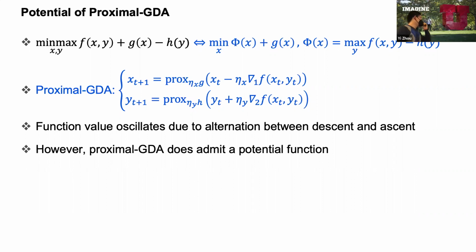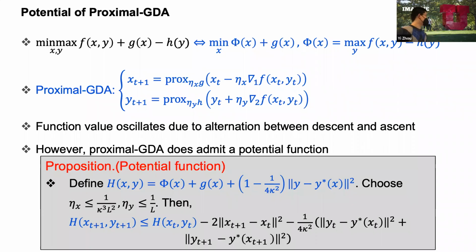However, under standard conditions, we do find that even for these minimax problems, we can still identify an implicit potential function, which takes the following form, as shown in the blue equation.